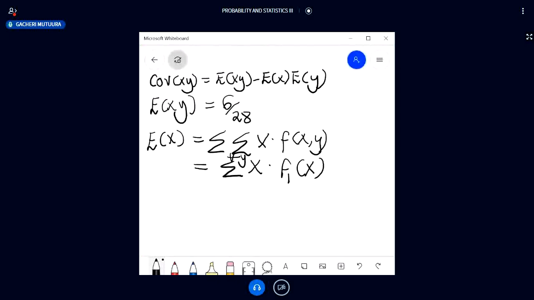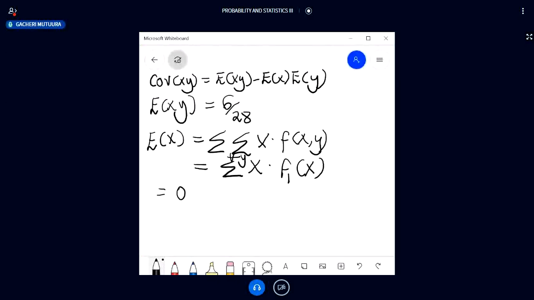Can you give me that expected value, please? So that I can be sure that whatever we did in the last class was well understood. Give me that expected value. X ranges between 0 and 2.